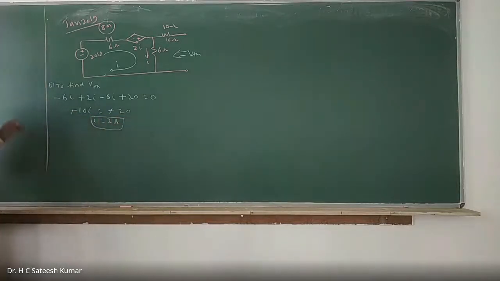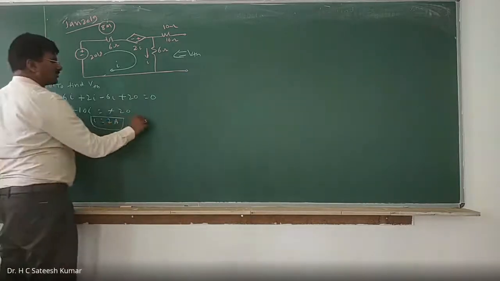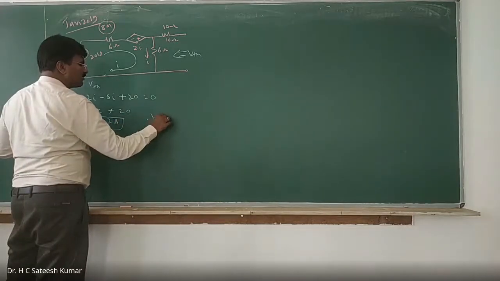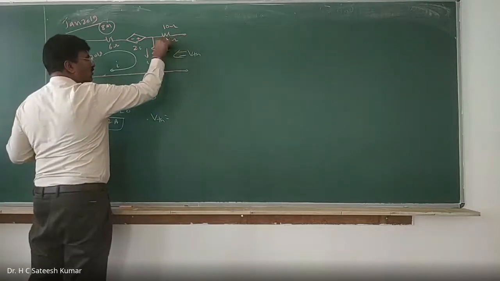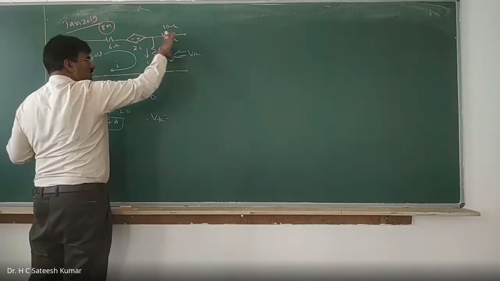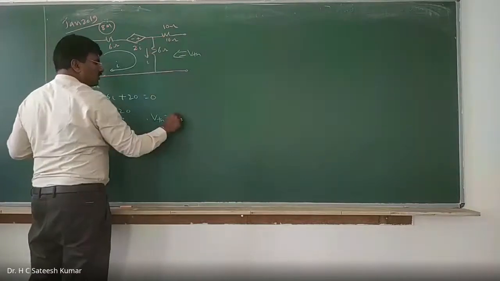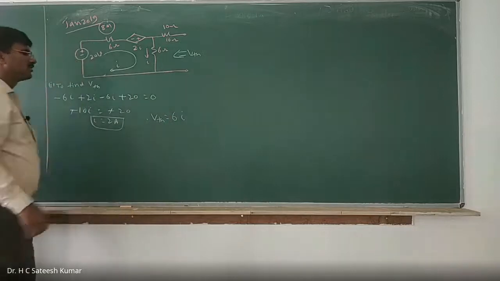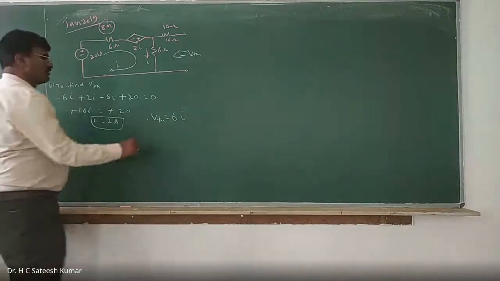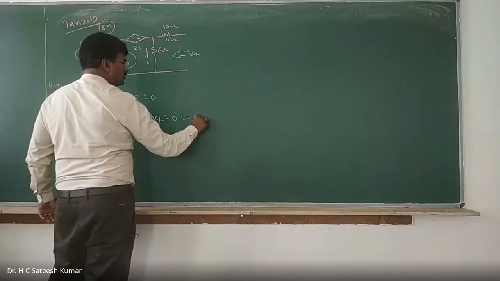We got it. Now what? Therefore, VTH is equal to what? If you want to find out VTH from here to here, we should go. This is open circuited, no current will flow. Therefore, this voltage is nothing but equal to this voltage. Therefore, 6 into I, which is nothing but equal to 6 into 2, which is equal to 12 volts.